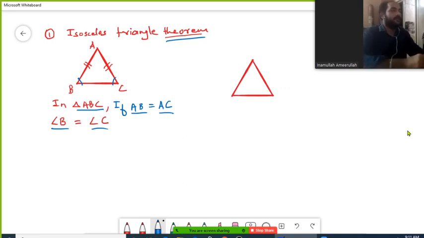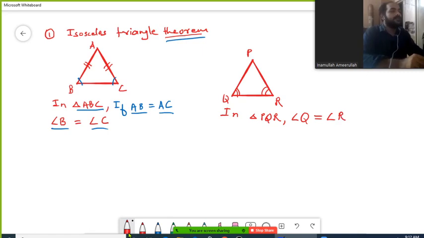The name of this triangle is PQR. This is P, Q, and R. And if it is given that angle Q is equal with angle R, so in triangle PQR, angle Q is equal with angle R.